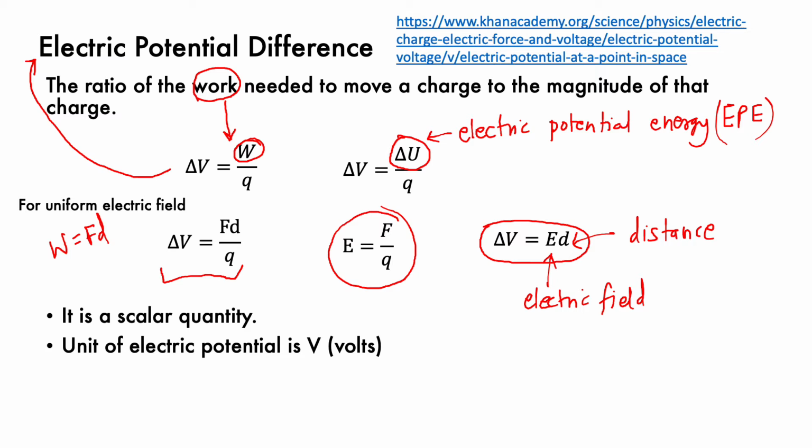So when we combine or rearrange these two, we can get the formula for delta V, electric potential difference, as ED. So delta V basically has three formulas which we need to get from this slide: W over Q, delta U over Q, and E times D.